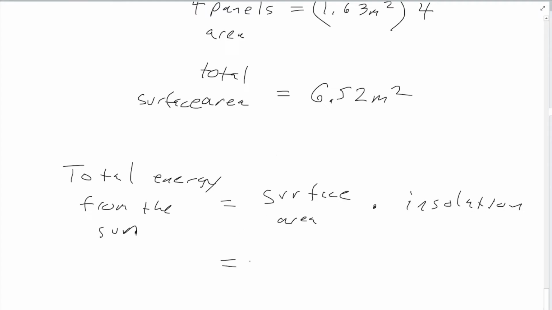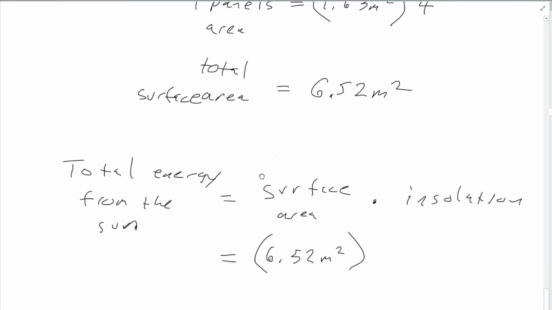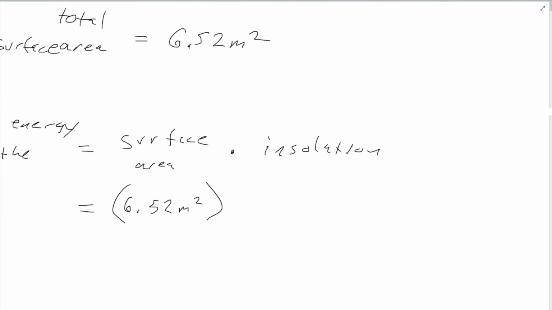So in this case, the surface area is 6.52 meters squared. And I'm going to multiply that by the total insolation for one day, which is just going to be equal to 6 kilowatt hours per meters squared. And you can see now, because the meters are in the numerator and meters are in the denominator, they're going to cancel out.